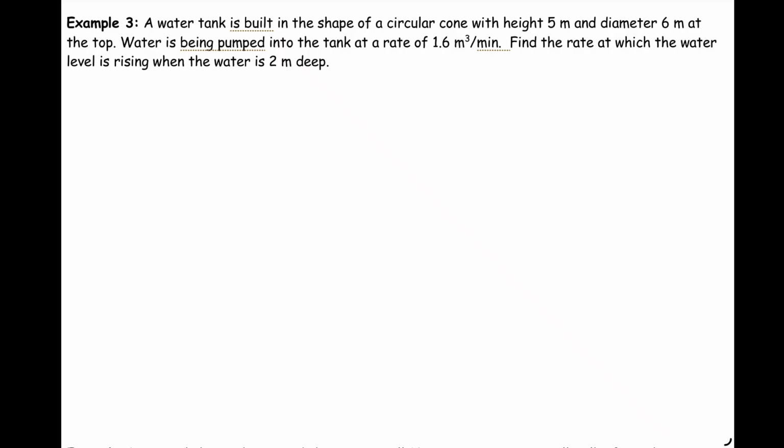Now we are going to see example 3. A water tank is built in the shape of a circular cone with a height of 5 meters and a diameter of 6 meters at the top. Water is being pumped into the tank at a rate of 1.6 meters cubed per minute.